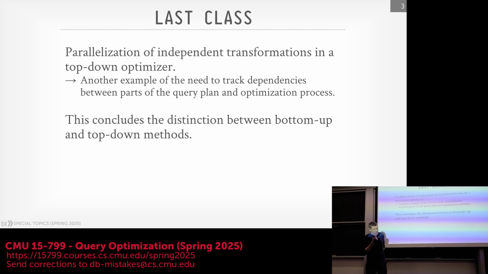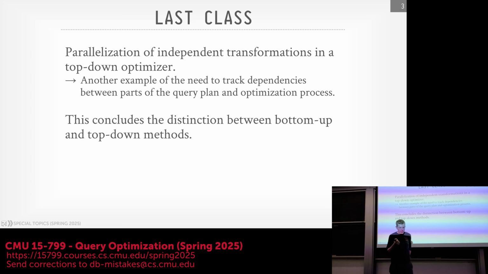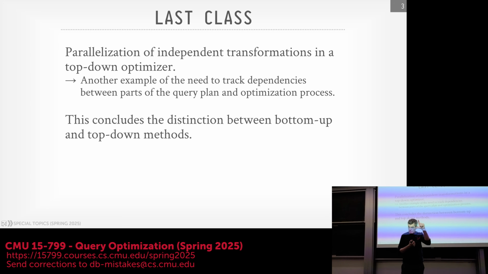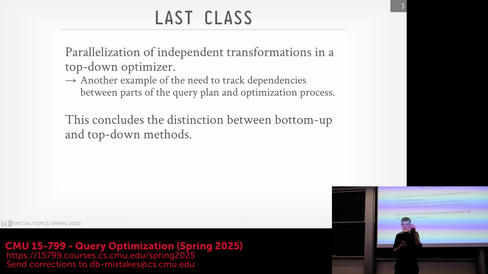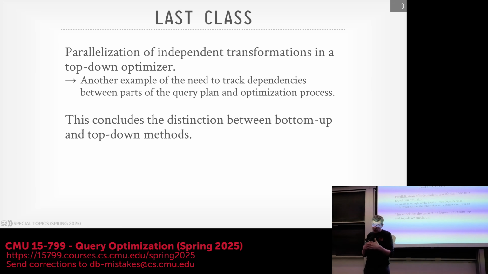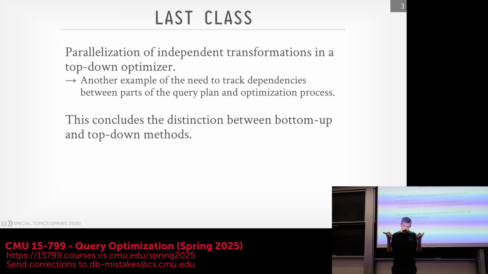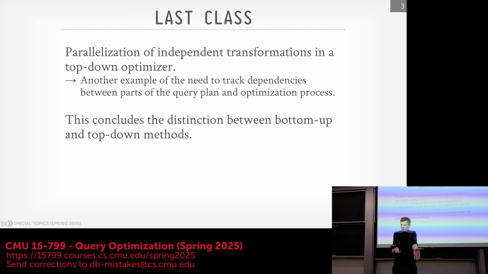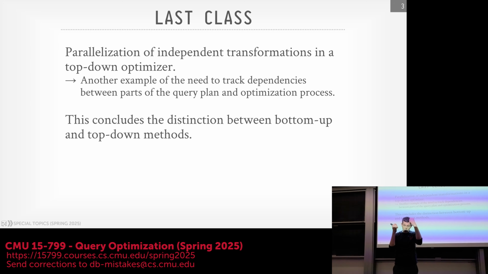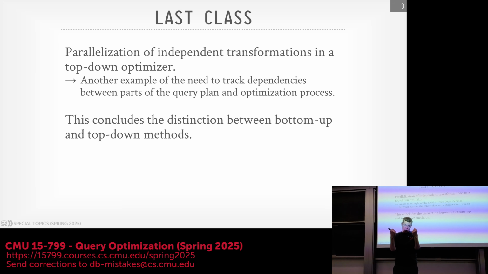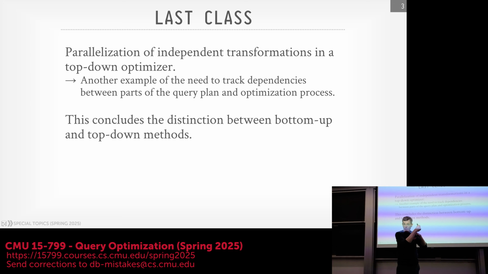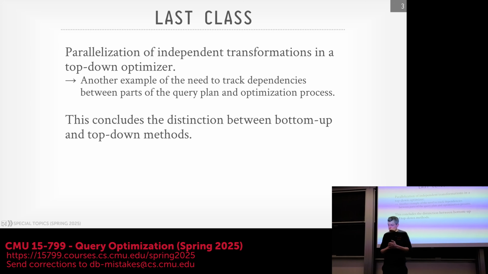The main takeaway from the paper from last class was that once again we saw the importance of keeping track of dependencies between different parts of the query plan and the optimization process, to allow us to identify that we know these tasks are independent, therefore it's safe to run them at the same time. And we'll see this again in today's class, where as I'm traversing the tree, I have to know how the data attributes and columns are flowing from one object to the next in the query plan, so I can decide when it's safe and when I need to move things around.